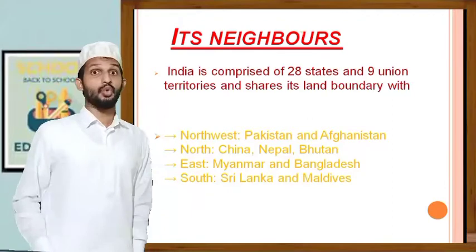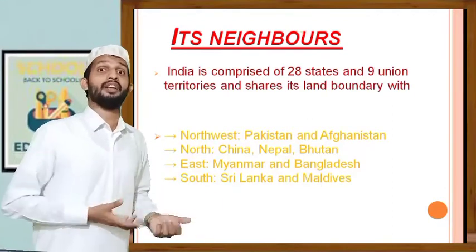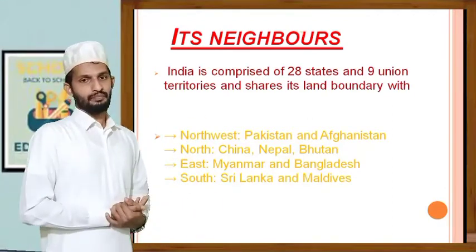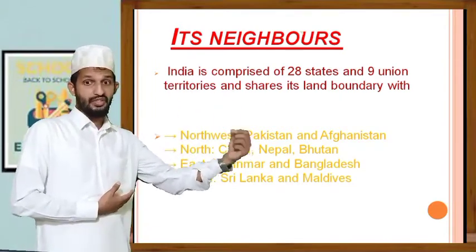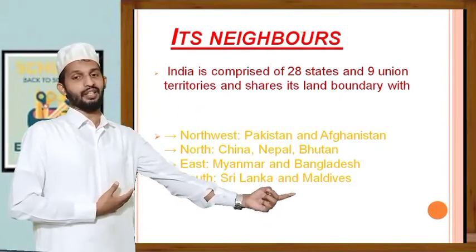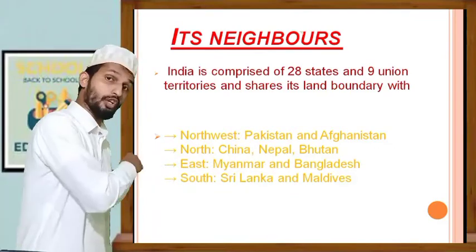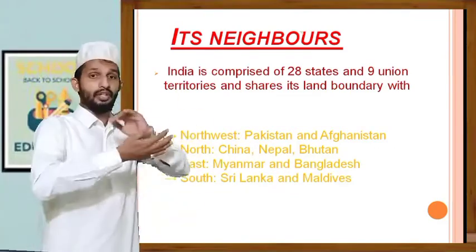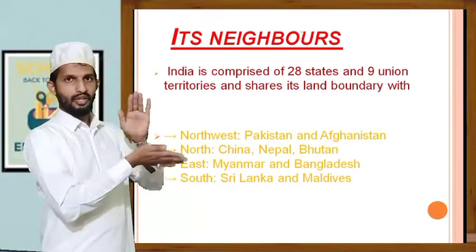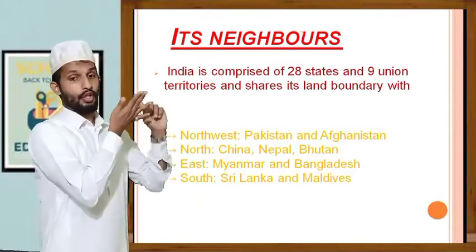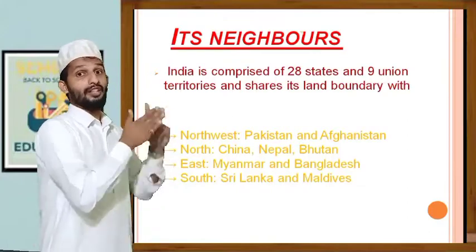Next we are going to study India and its neighboring countries. India comprises 28 states and 9 union territories, and it shares a land boundary with many neighboring countries. We can simply divide these countries into northwest, north, east and south.